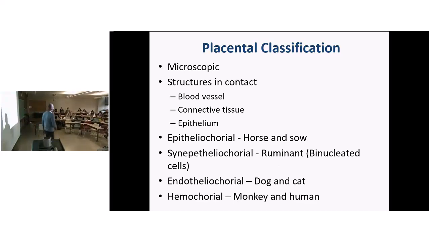Ruminants, you can actually consider the same as epitheliochorial. We have a slightly different name for ruminants, and the only reason is that those cells, yes, it is epithelium with epithelium, but those cells in the epithelium layers mesh a little bit, and by meshing, they create different cells, which we call binucleated cells, and they produce stuff. They produce some hormones.